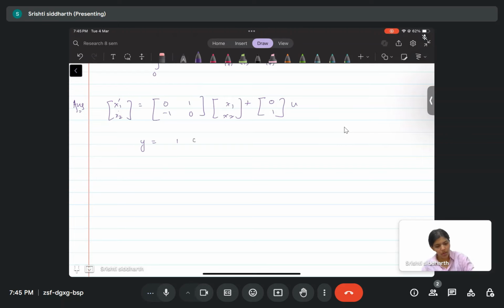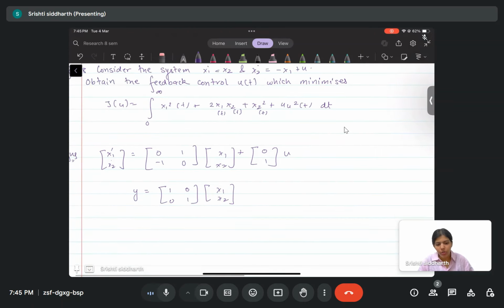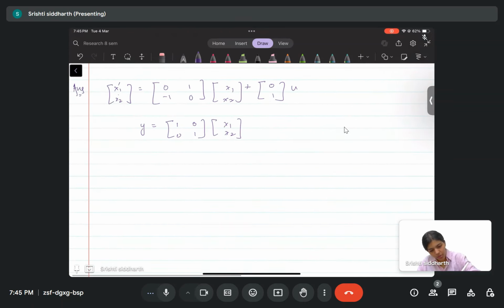So this is both the states x1 and x2. Right. So to match the standard form, we need u transpose R u. So this implies that R is 4.